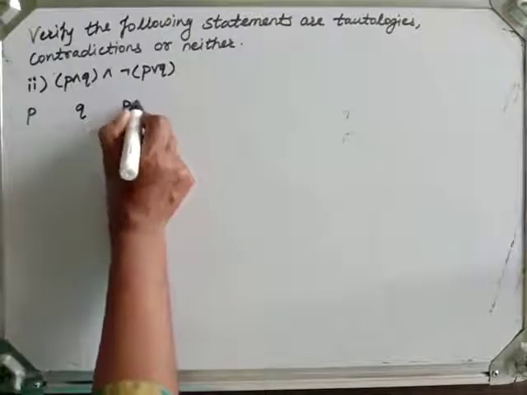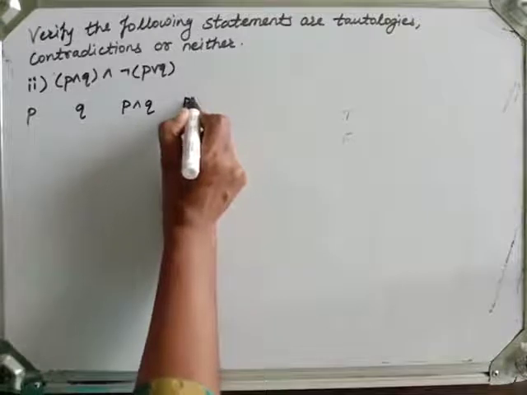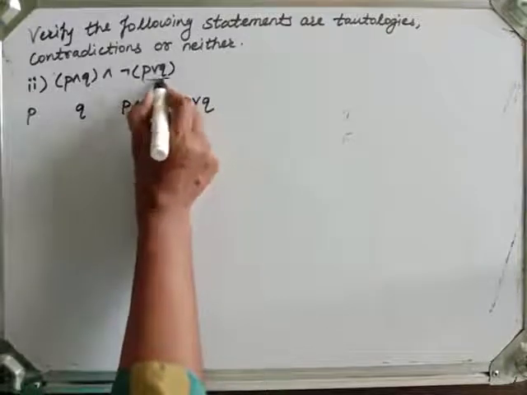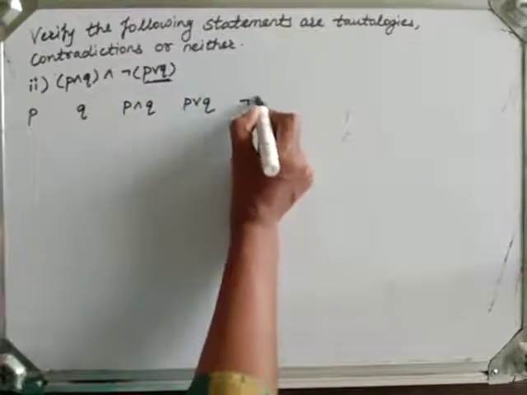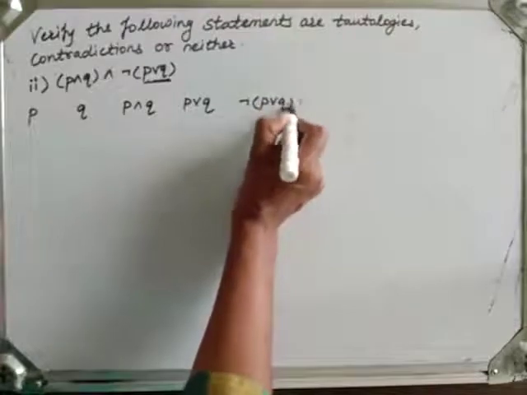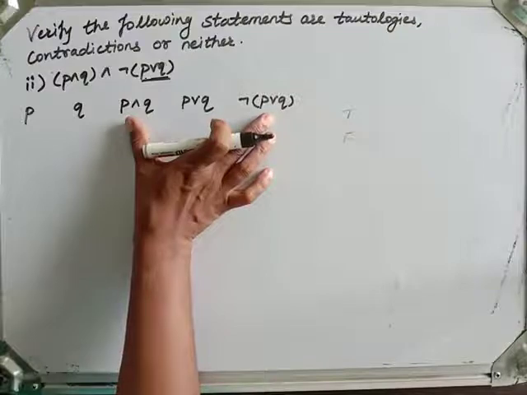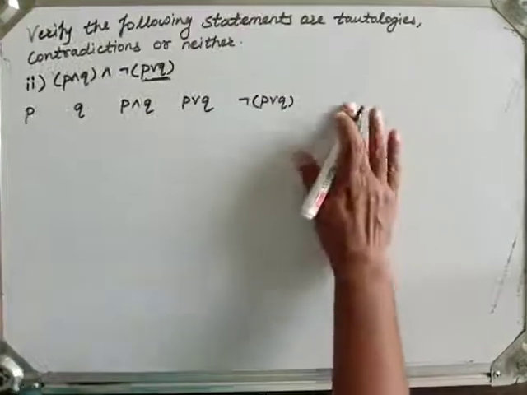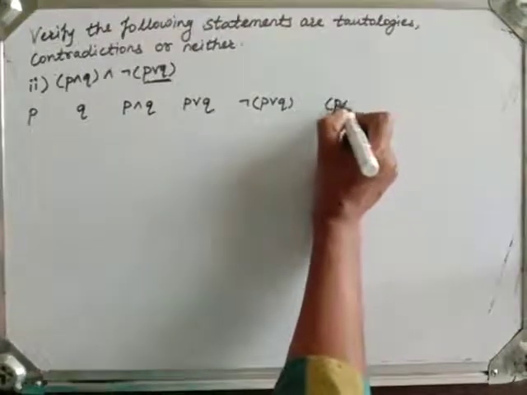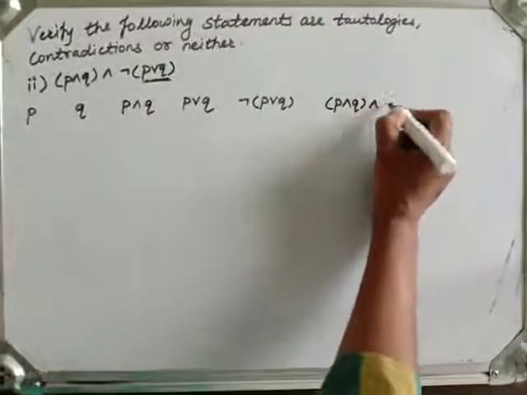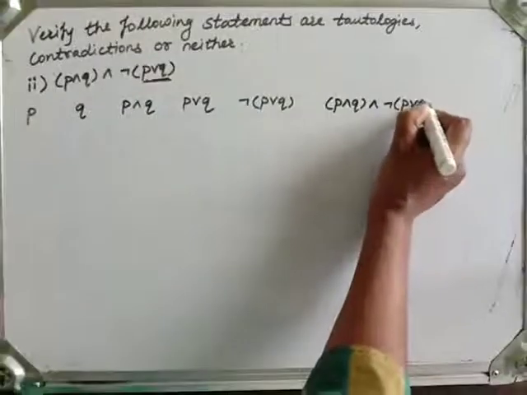Then P and Q, then P or Q, then negation of P or Q, and at last the and between P and Q and negation of P or Q.